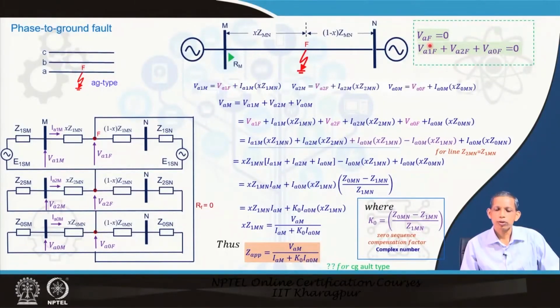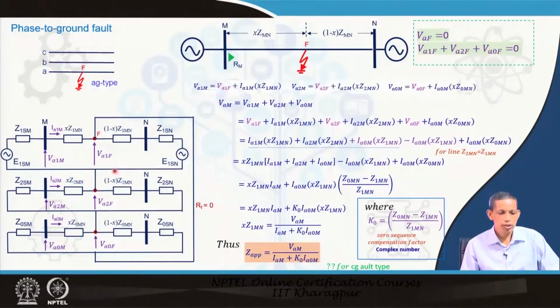We know VAF consists of positive, negative and zero sequence voltages: VA1F plus VA2F plus VA0F, the sequence components of VAF. So, this will also be 0. This relation is for the phase A to ground fault, and from these relations we will proceed further.